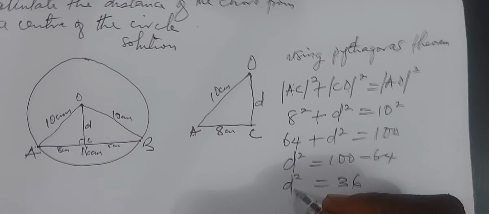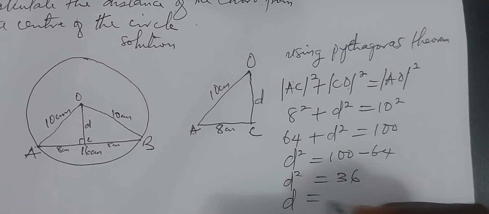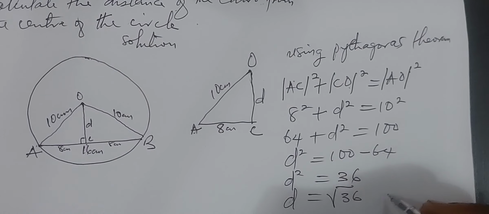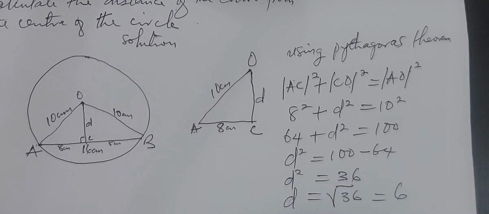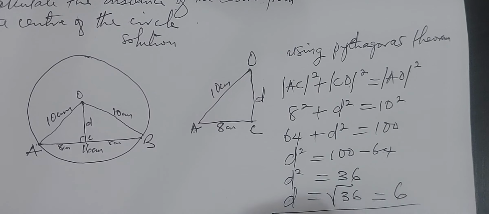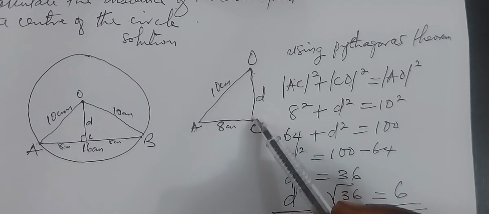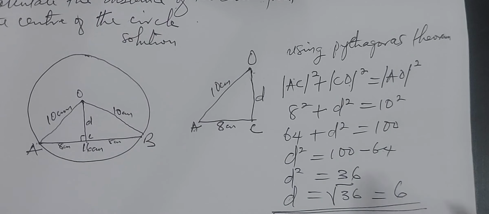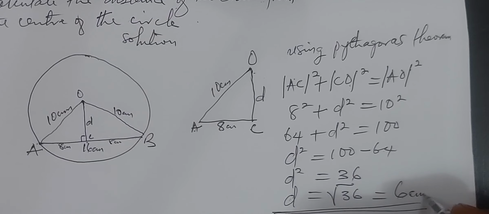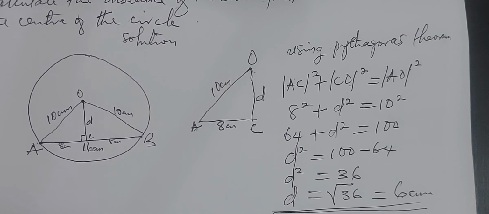So D is equals to the square root of 36, which is 6. So the distance of the chord from the center is 6 centimeter. And that solves the whole issue.